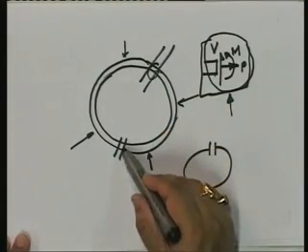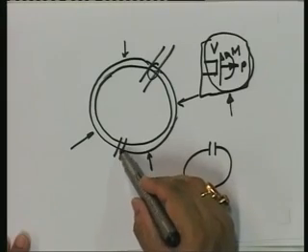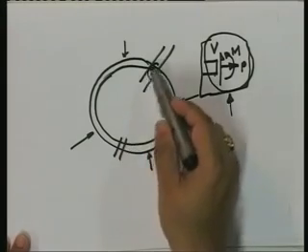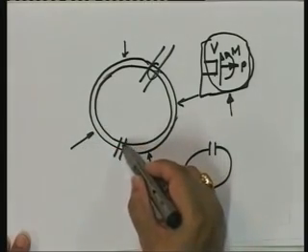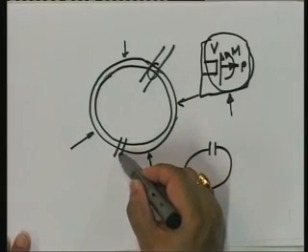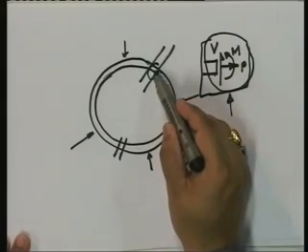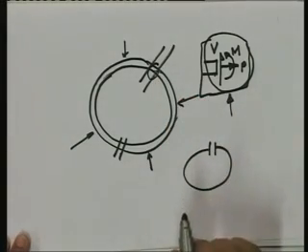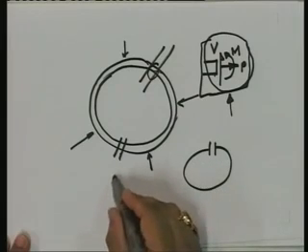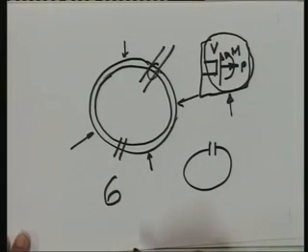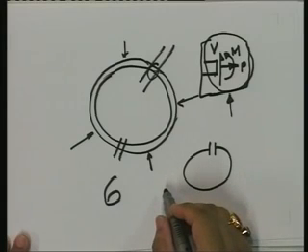Every time I make a cut, how many forces do I release? 3. So if I make a cut and I take this free body, I have 3 unknown forces here, 3 unknown forces here. So how many forces do I have? 6 unknown forces. And for one free body in a plane, how many equations of equilibrium can you generate? 3.